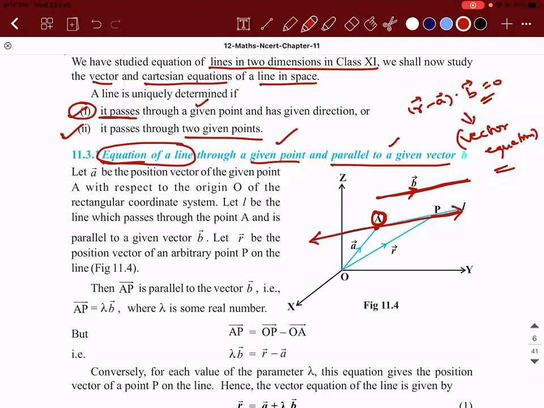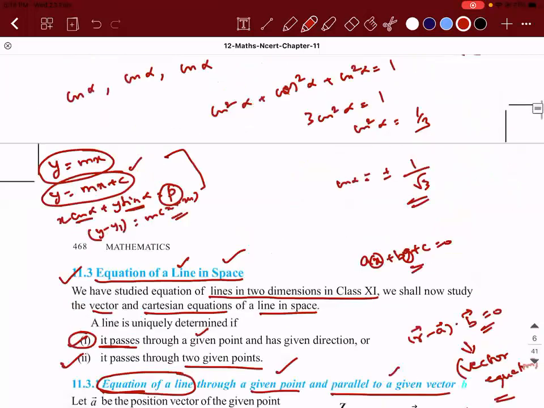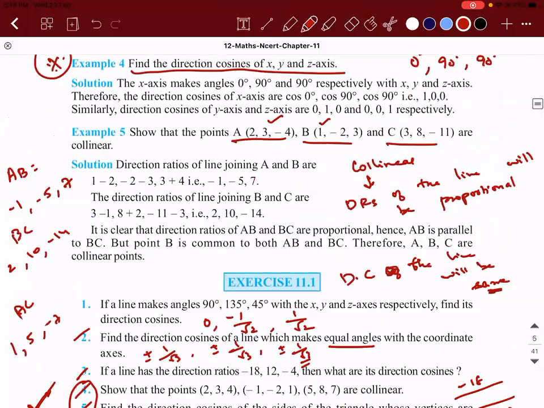Yesterday I told you how you prove that two lines are collinear. You remember this? The direction ratios should be proportional. Yes, that is the meaning actually.